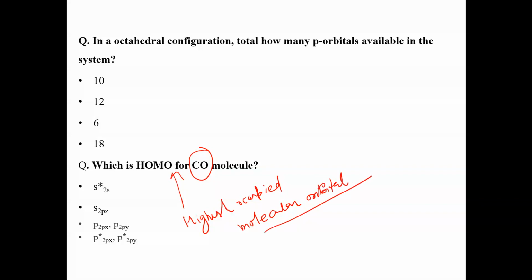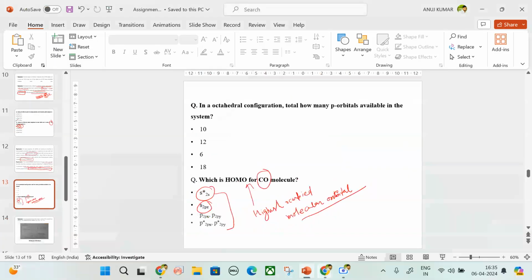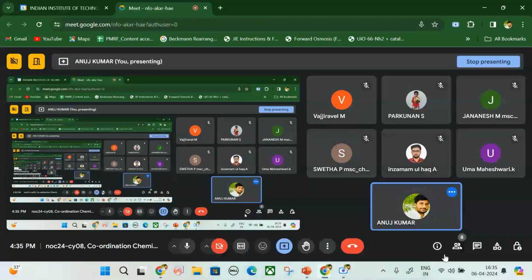Okay, so here are some orbitals given. First is sigma antibonding, sigma 2pz. And it can be bonding, antibonding, or non-bonding, right? So tell me if you know the MOT diagram of carbon monoxide. Otherwise, I will be discussing that. Okay. Yeah.